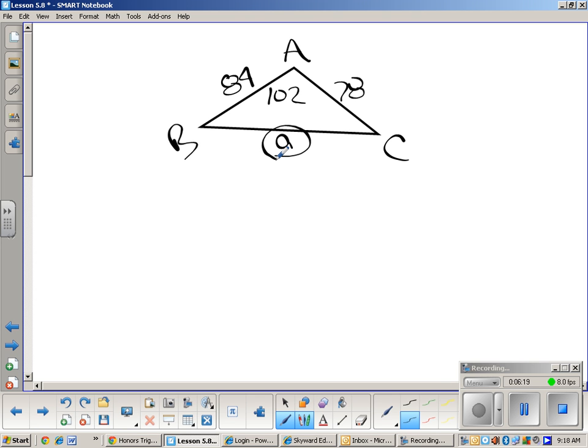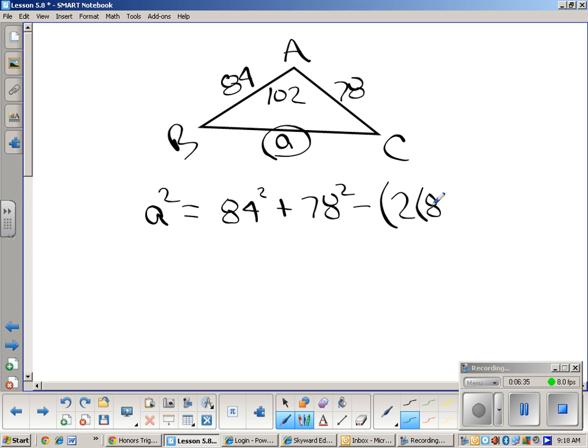But anyway, law of cosines here. So a squared is going to equal 84 squared plus 78 squared minus 2 times 84 times 78 times cosine 102.